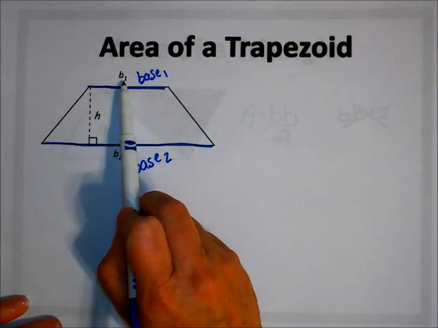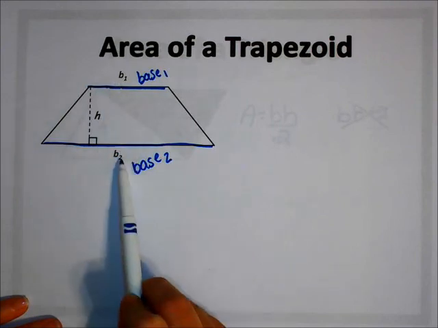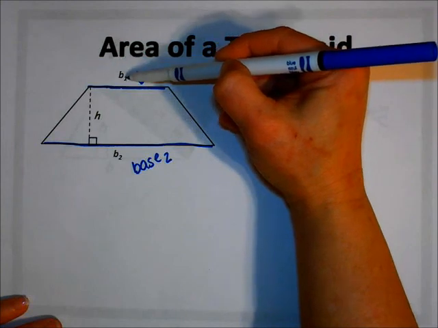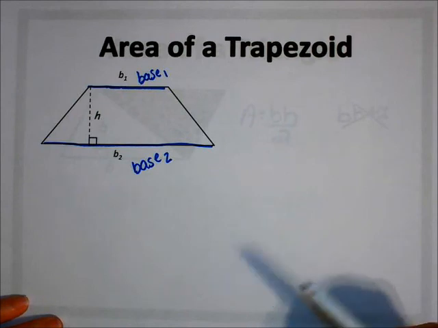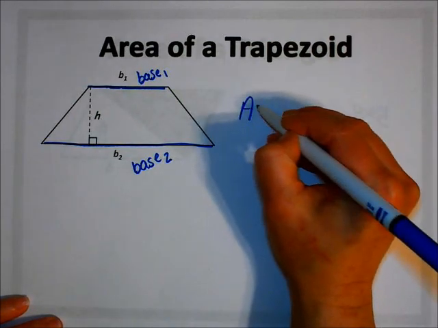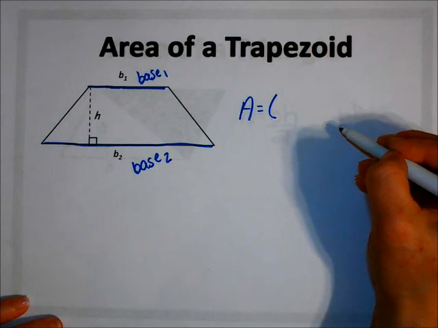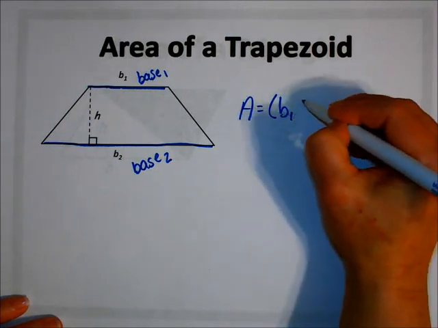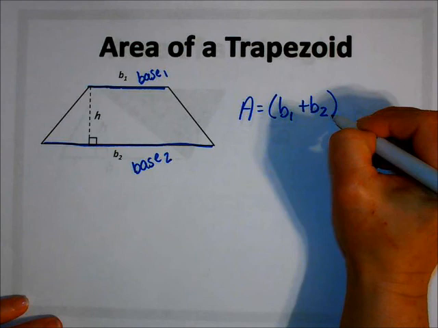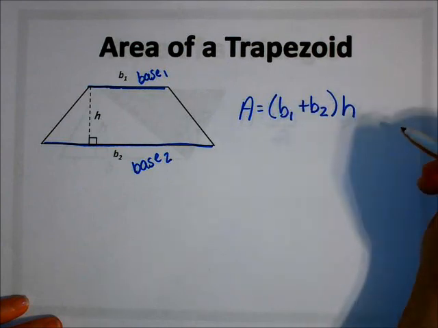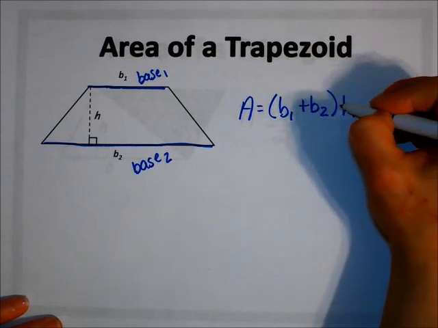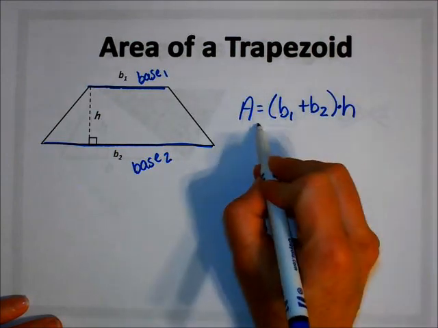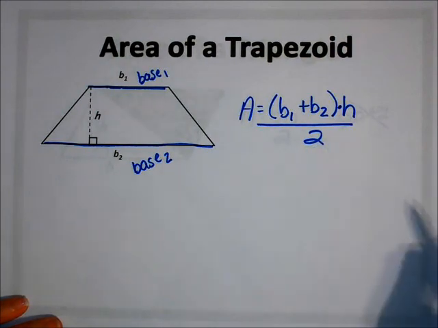Now notice it's not a big number 1 or a big number 2, it's a subscript. It's kind of like an exponent is up high, a subscript is down low. If you look at your formula chart for area of a trapezoid, it tells us that A equals, in parentheses, B1 plus B2, and then outside the parentheses it has an H. Remember that if I have parentheses in a number or parentheses in a variable, that means times, and then I divide by 2.